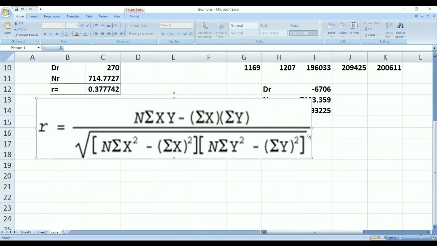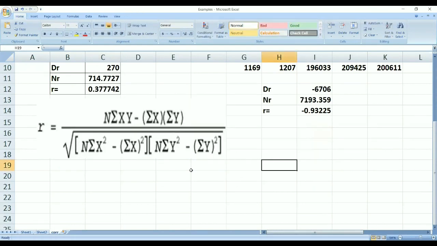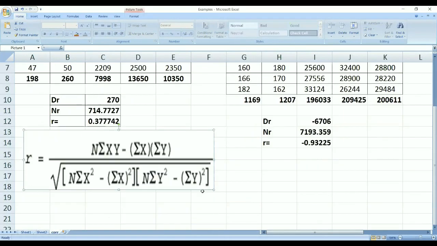See, you want this formula, right? So we need summation x into y separately. Summation x, summation y. Sum means you have to take the particular variable and, in the last, you have to take a sum. Summation x square and y square.